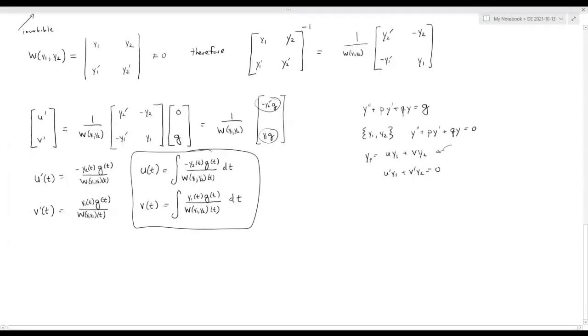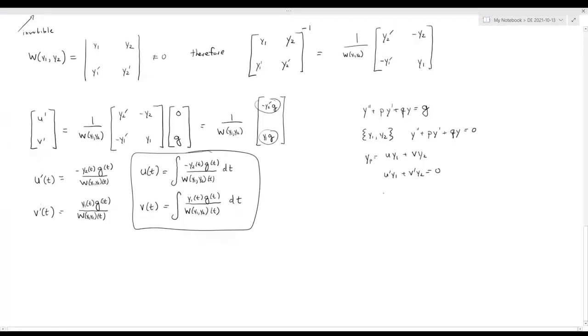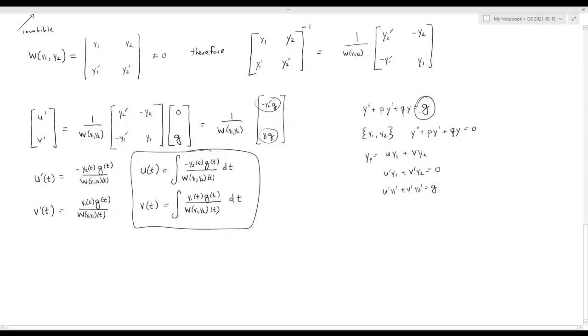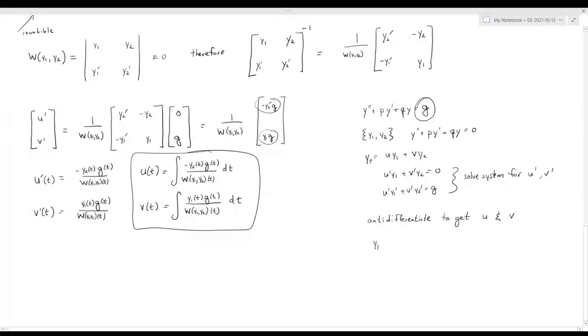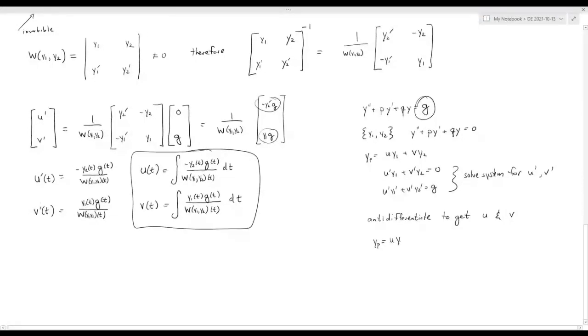Using those assumptions, we differentiate a couple times, plug that into our original non-homogeneous equation, and taking advantage of the fact that we know the solutions to the homogeneous equation, we found that u prime y1 prime plus v prime y2 prime is g, which is the right-hand side function. And then we solved the system for u prime and v prime, and then anti-differentiated in order to find u and v. And then we have our particular solution.